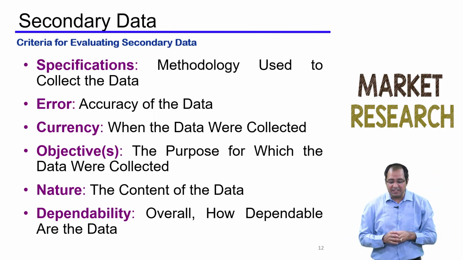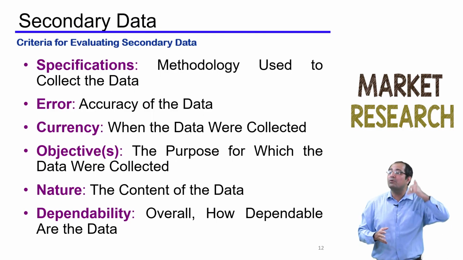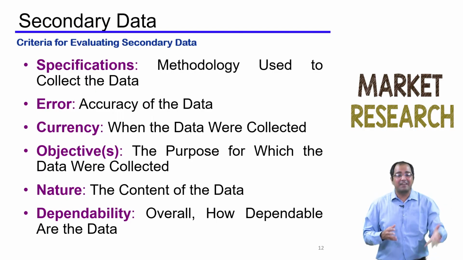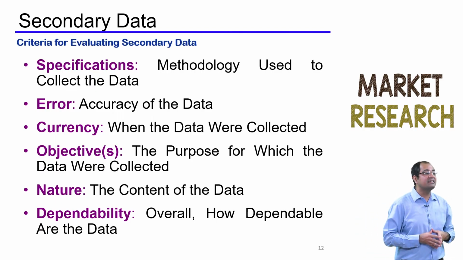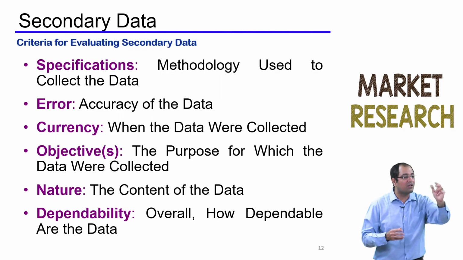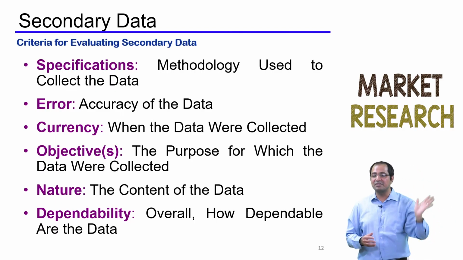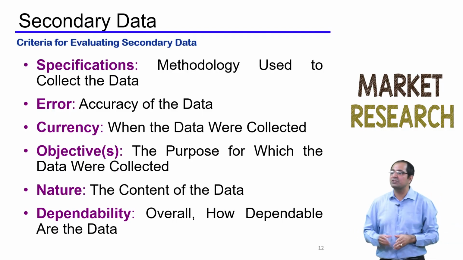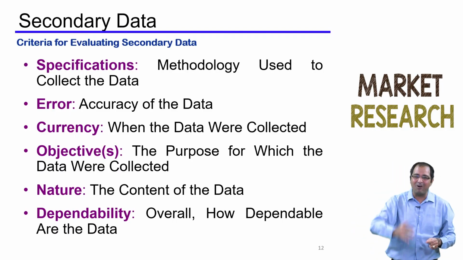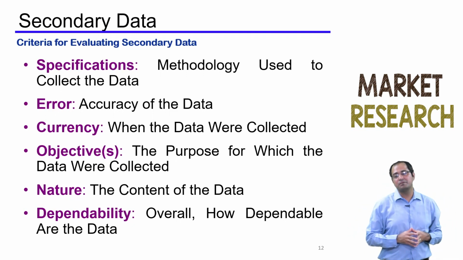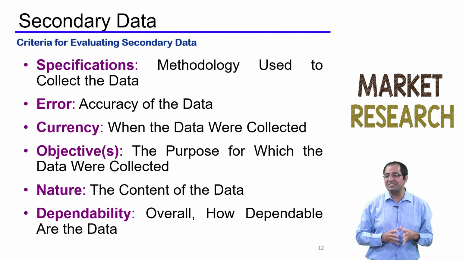All those things: how the data was collected, was it bias free in the way it was collected. Whether the methodology is mentioned and whether the methodology looks fair and unbiased. That is the specification. First of all, for secondary data you have to run all these checks before you use it for your business issue. The second one is error.